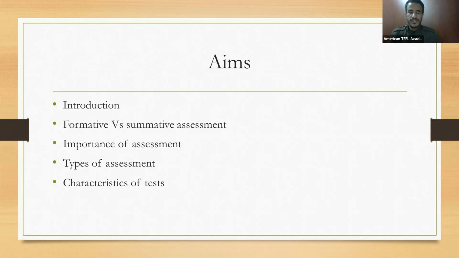And of course, number three, we are going to discuss why testing learners, why evaluating and assessing learners, is very important. And of course, we are going to talk later about the types of assessment like placement tests, diagnostic tests, achievement tests, progressive or progression tests, proficiency tests. These are some tests that we are going to see.